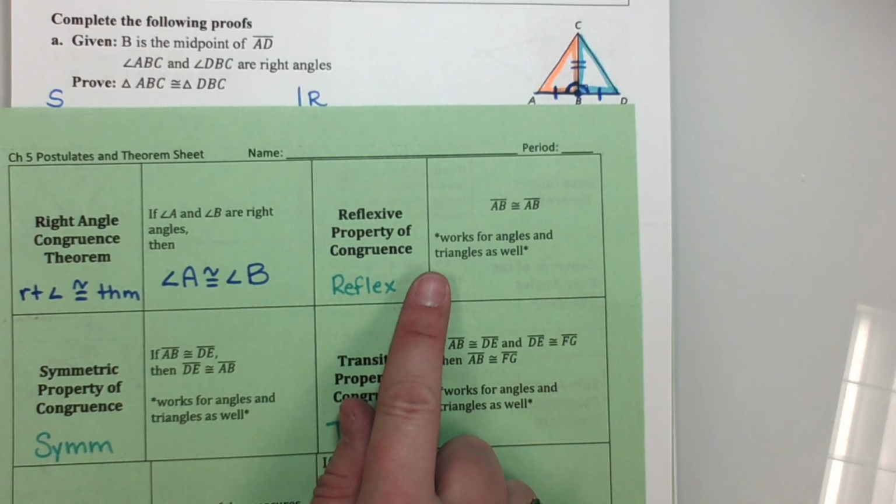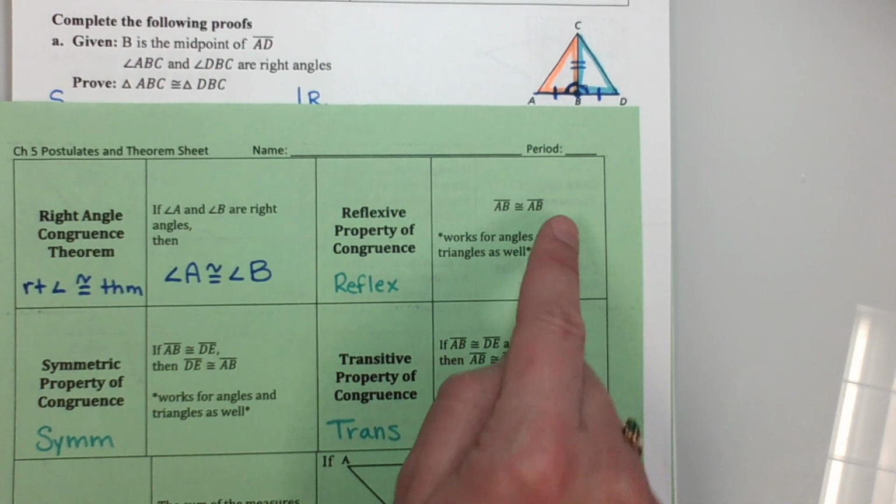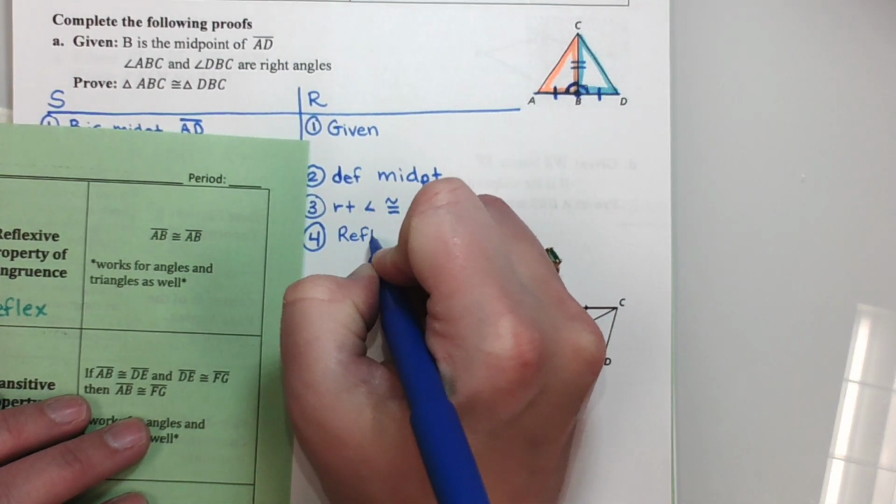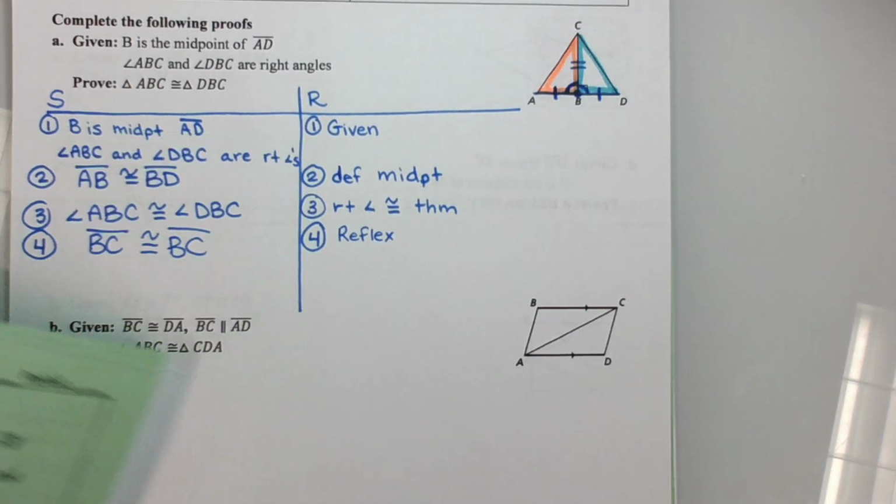And it's the reflexive property. By the reflexive property, if a side is shared between the two triangles, you can say it's congruent to itself.